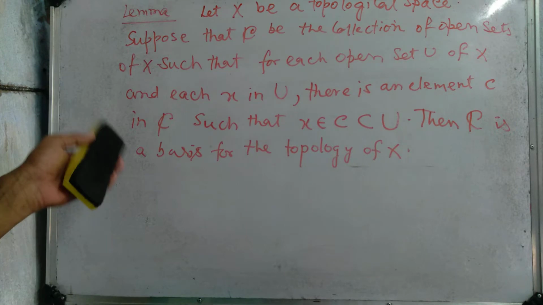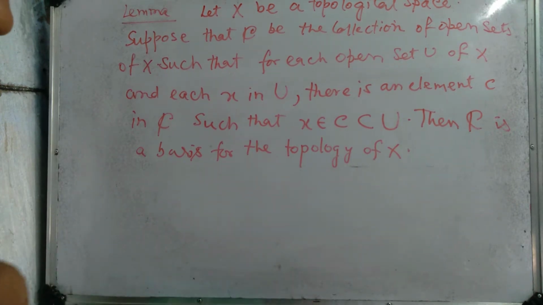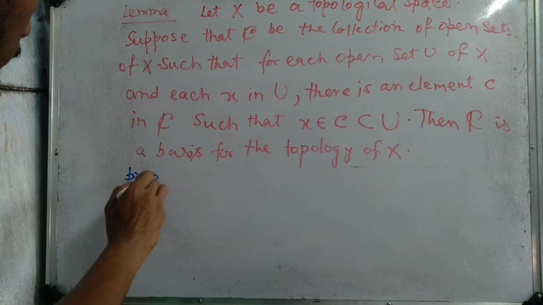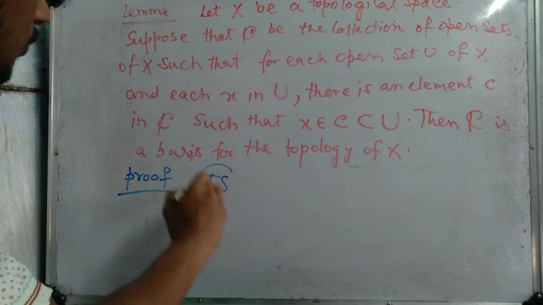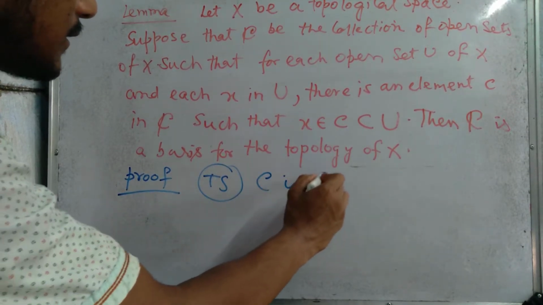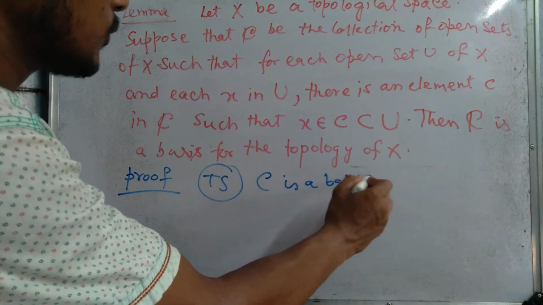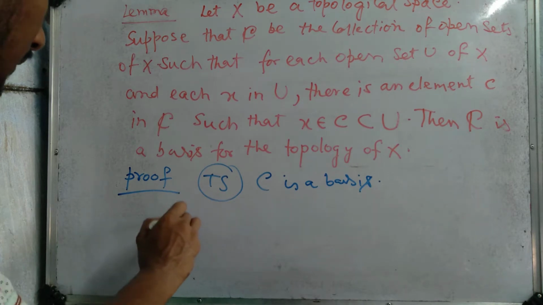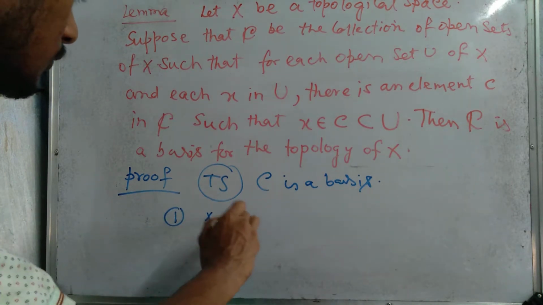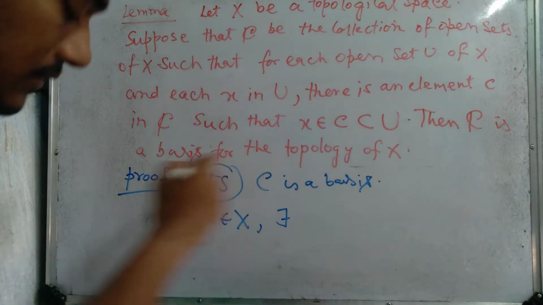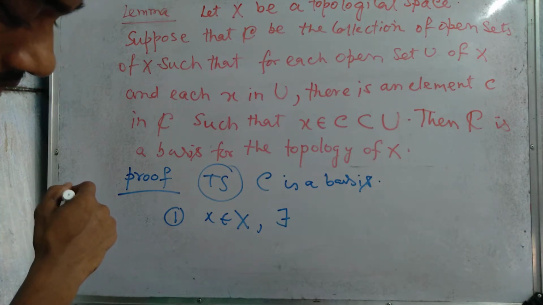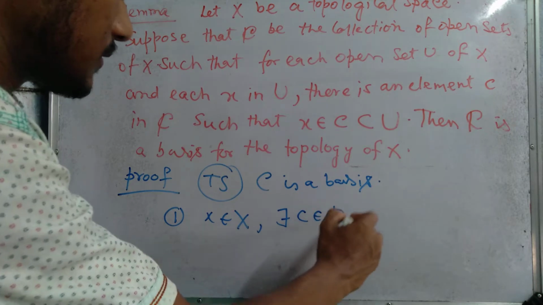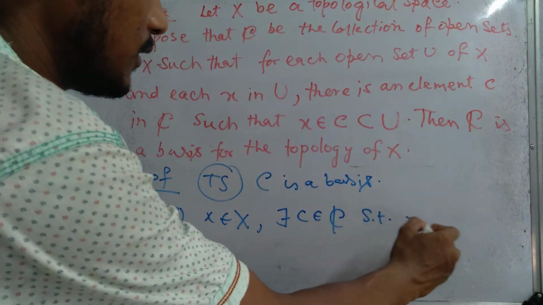We must first prove C is a basis. To be a basis there are two criteria. First criterion: for x belongs to X, there exists C belonging to script C such that x belongs to C.